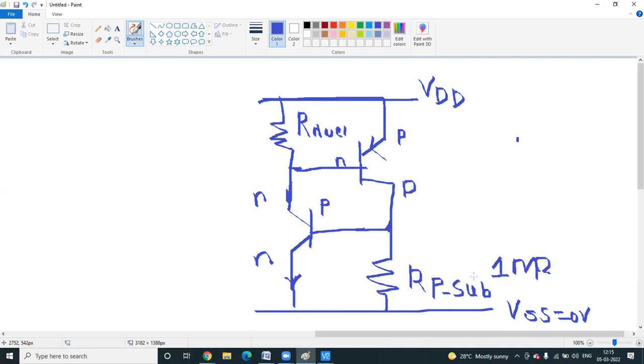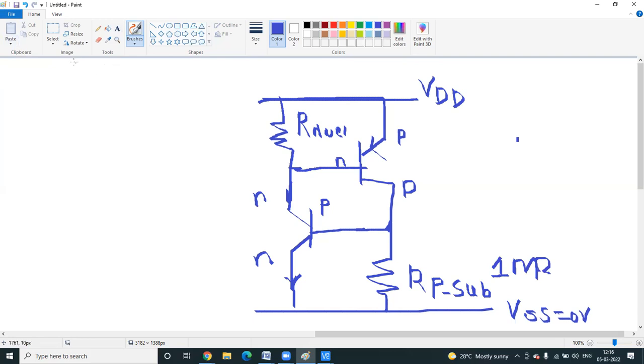If you connect it directly, the current is also in terms of mega ohm.